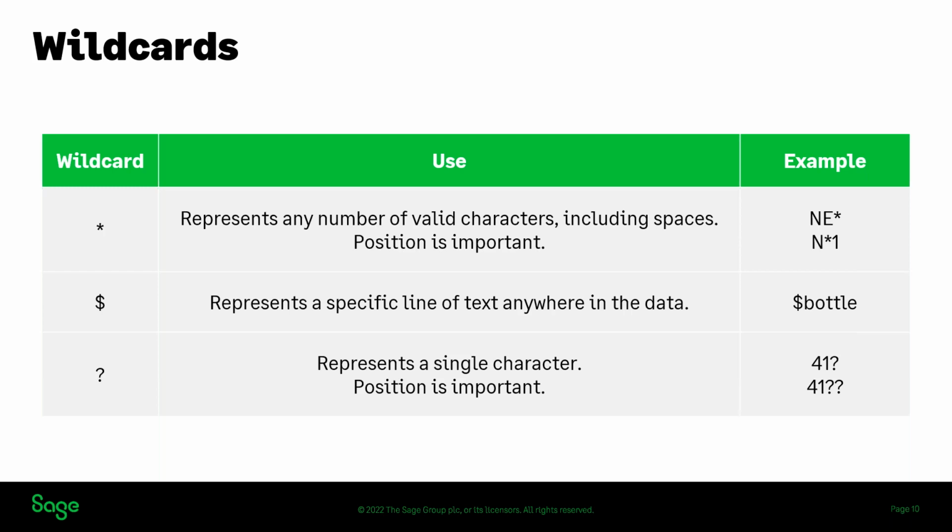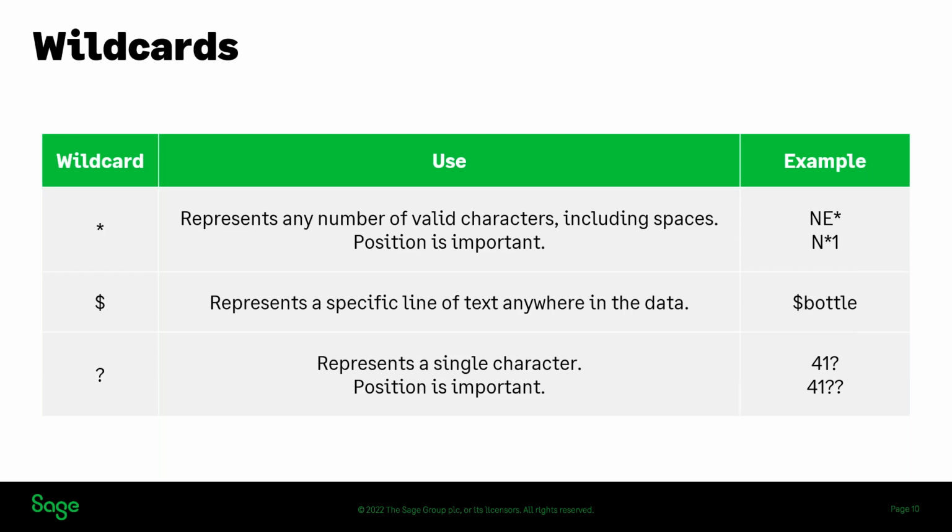So an example there is, let's say I was searching for postcodes and I'm looking for customers based in a certain region. So I could say where the postcode, I want it to begin NE. So we do NE asterisk in the filter. And I'll show you what that looks like in just a moment. And what that would do is find any postcode beginning NE, then any string of characters after that.